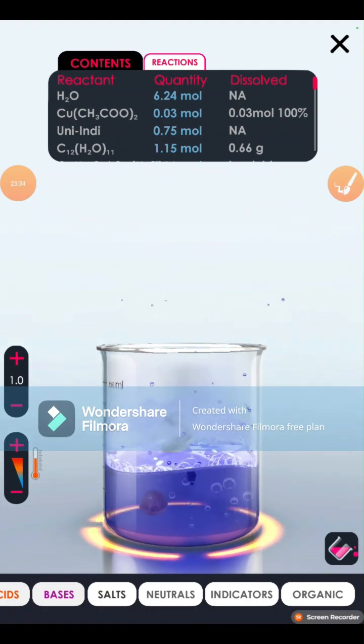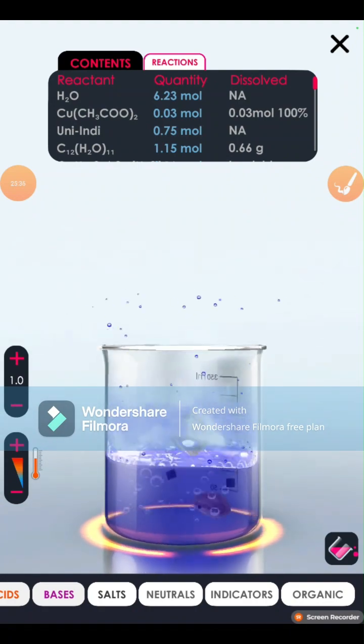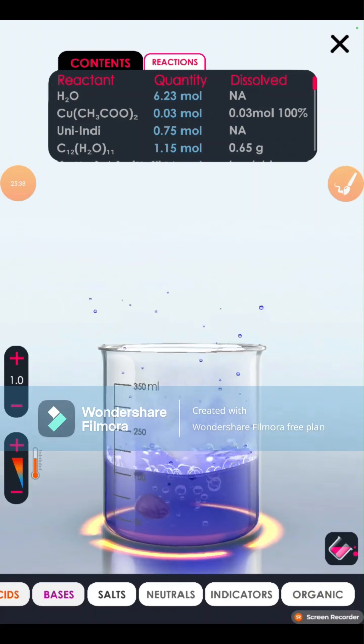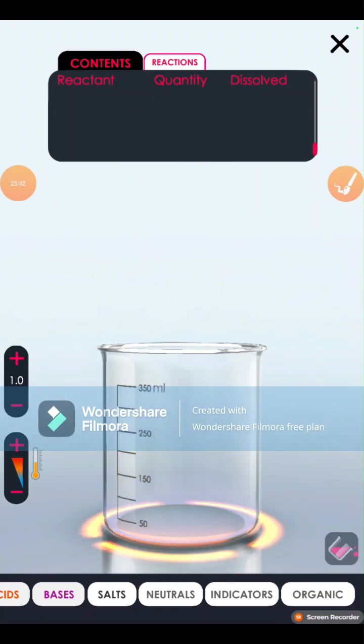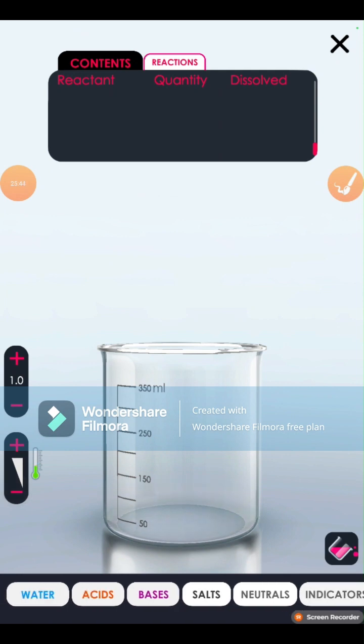More heat. It is not working over here, but in real life it works. Let's make it cooler.